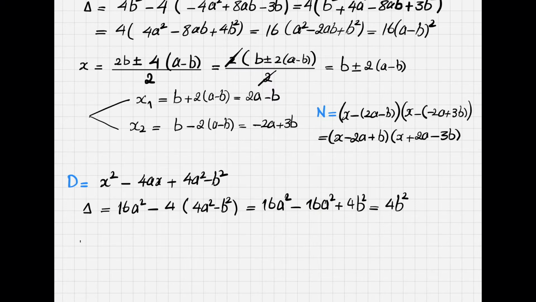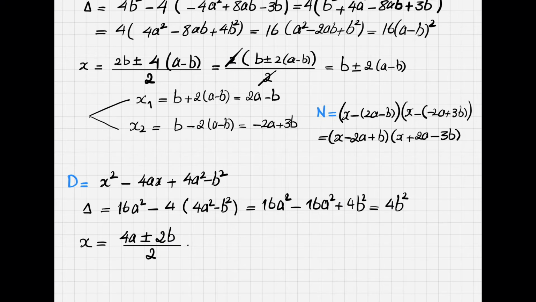So now if I want to find the roots of this, it becomes negative the coefficient of x, which becomes 4a. I'm using the ABC formula, and then plus or minus the square root of my delta. But my delta is so simple that I can do it in my head. The square root of this is 2b, and then I divide this by 2 times the coefficient of x squared, which is 2.